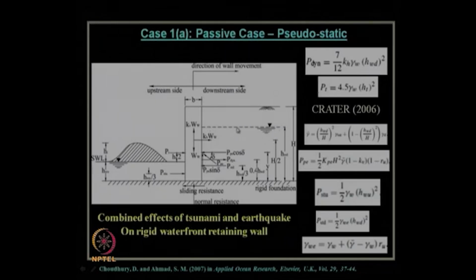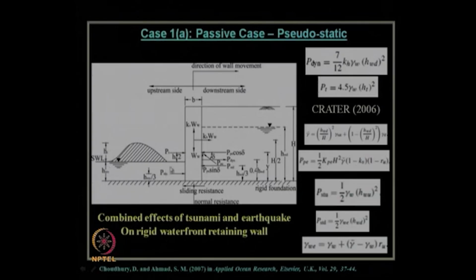Earlier, all the earth pressure problems we considered were for dry soil, now we are introducing this water table effect also. So, remember that. This height of the water table we have considered as h_wd. h_w is the height of water, d means downstream side, and capital H is the total height of the wall.